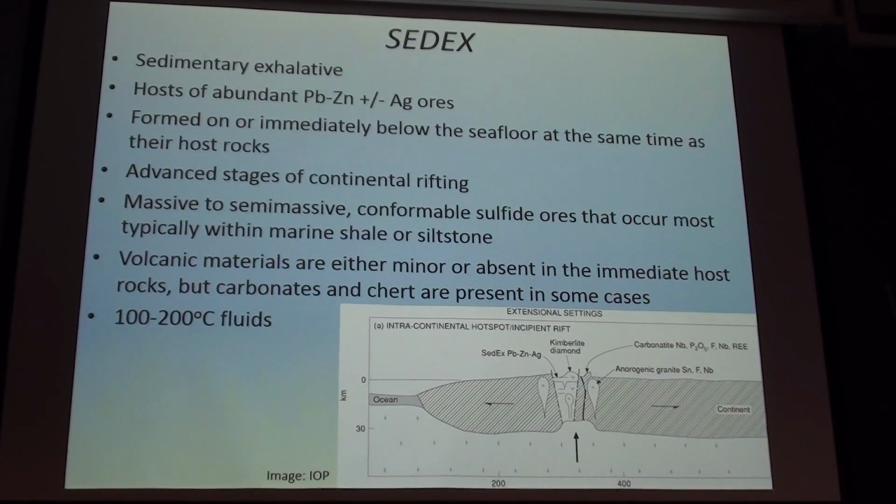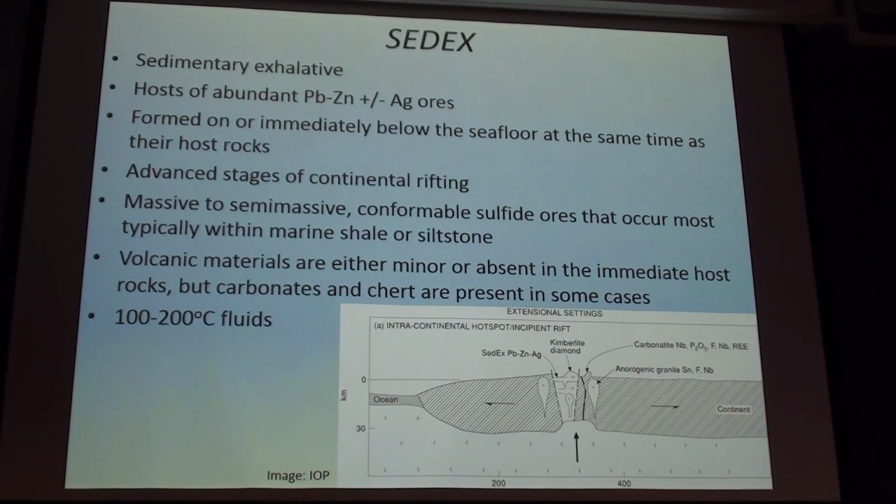And they formed basically, let's say, immediately below the seafloor at the same time, or nearly the same time, just before or just after the rock they are hosted within. They form in advanced stages of continental rift, so within sedimentary rock units, where volcanic rocks are not preponderant.